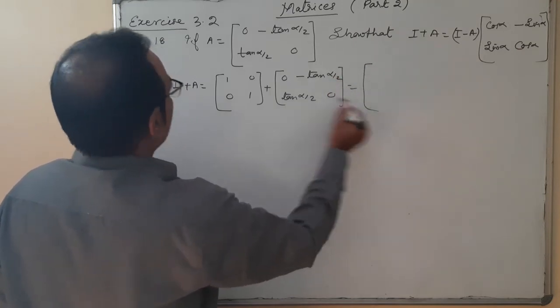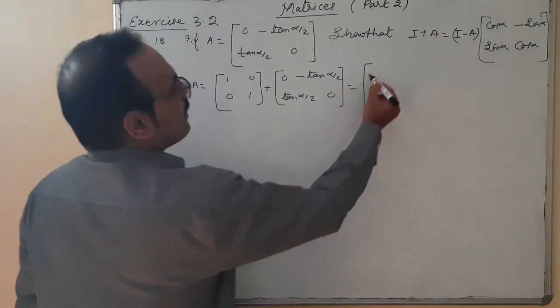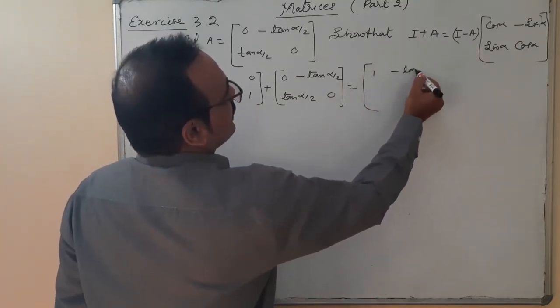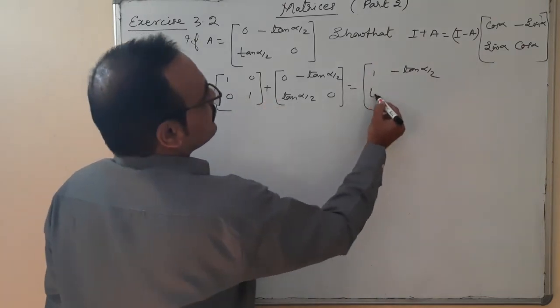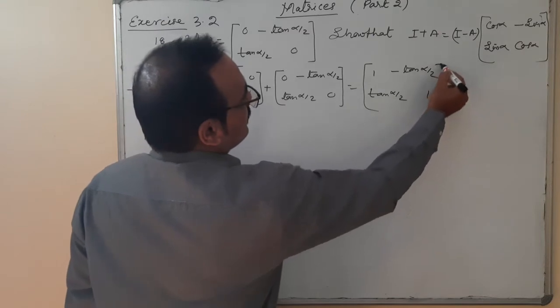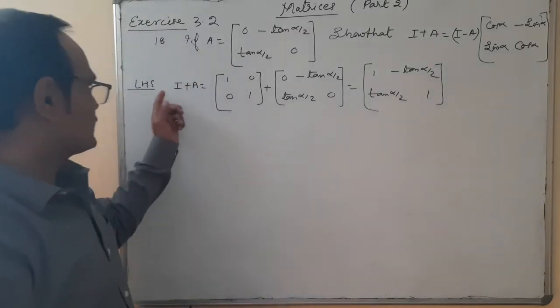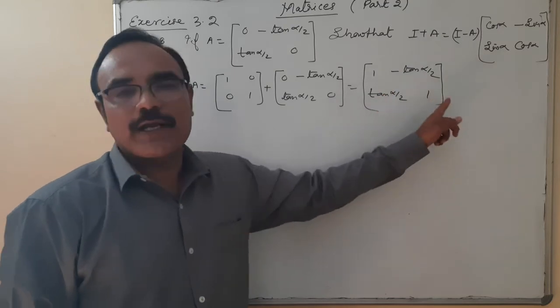So I plus A is equal to, adding both of them, 1, minus tan alpha by 2, tan alpha by 2, and 1 plus 0, that is 1. This is LHS.